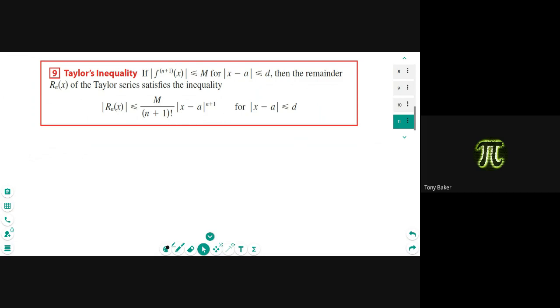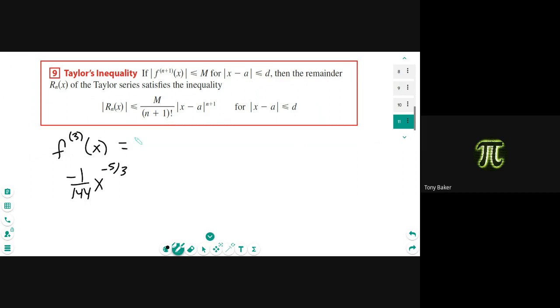So M is always one more derivative than what we did. We did the second derivative, right? So we're going to look for my third derivative for this one. The second derivative was negative 1 over 144 x to the negative 5/3.